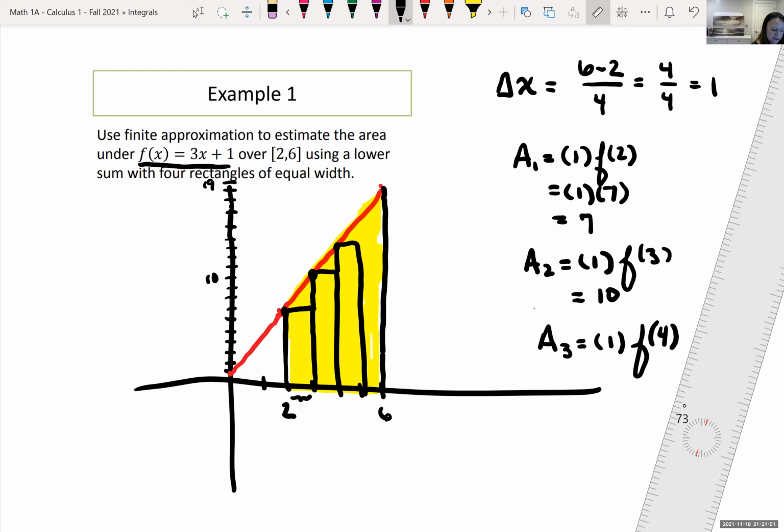So that gives us 13. So 1 times 13 is 13. And then the last one. So the height would be f of 5. Width is 1. But f of 5, if we look at that, plugging that in, we get 15 plus 1, which is 16. So 1 times 16 is 16.